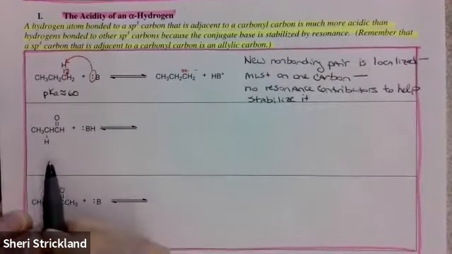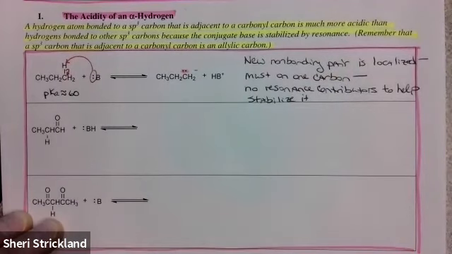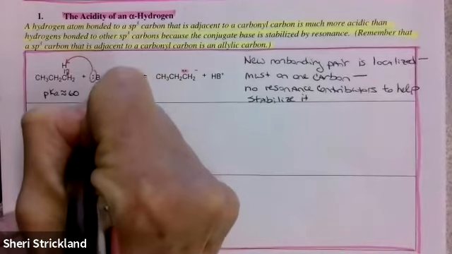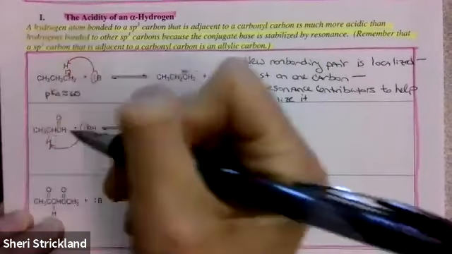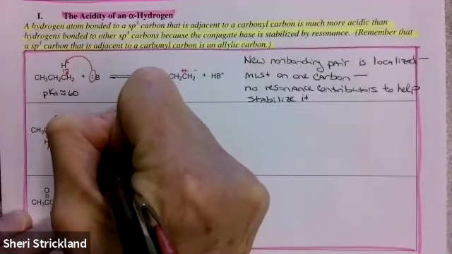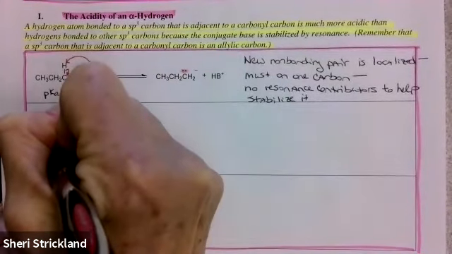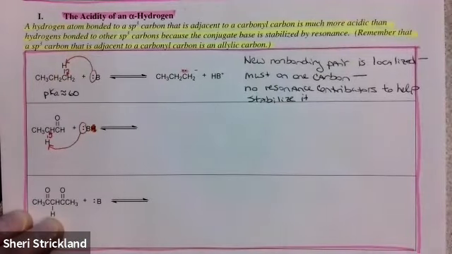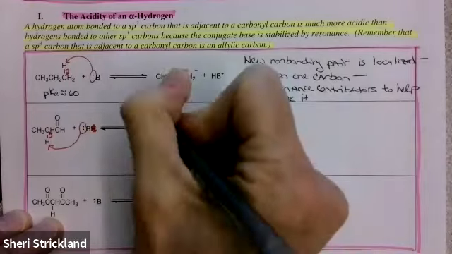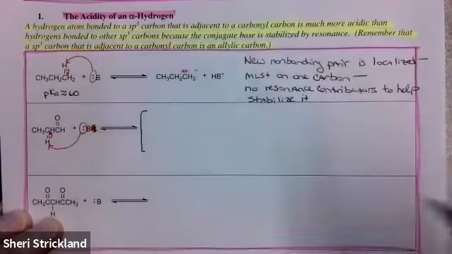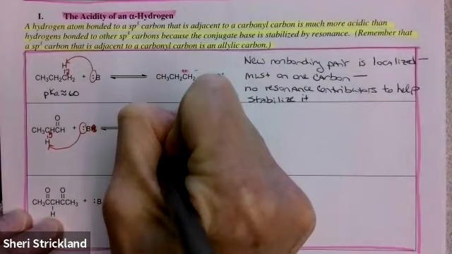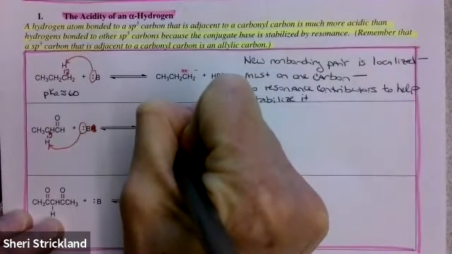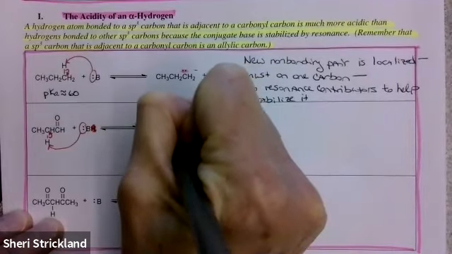Okay, so if you come down here and compare, say, an aldehyde, we've got the same kind of situation. Let's set it up. Going to remove the hydrogen cation and create the conjugate base. And at first, that new non-bonding pair of electrons is just on that carbon.